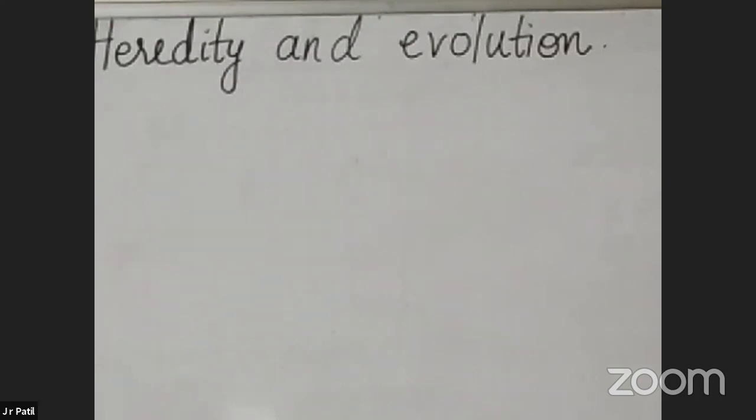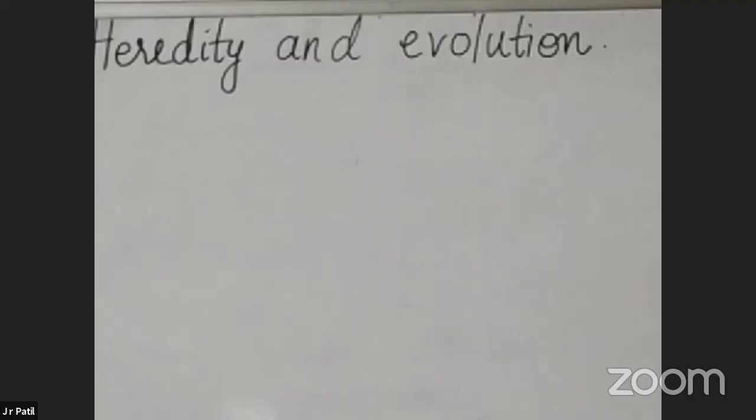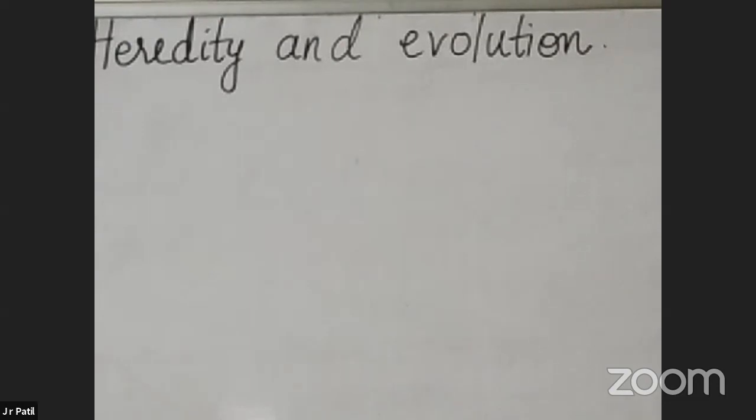Then we have seen why Mendel selected the pea plant for his experiment. For that I told you there are 7 pairs of contrasting characters that we see in the pea plant.